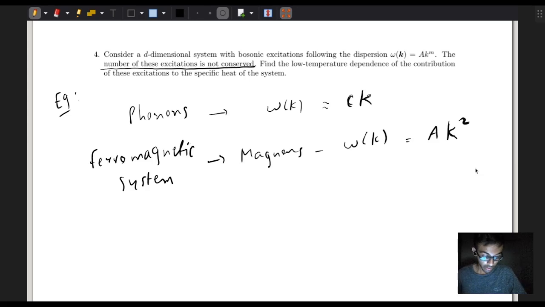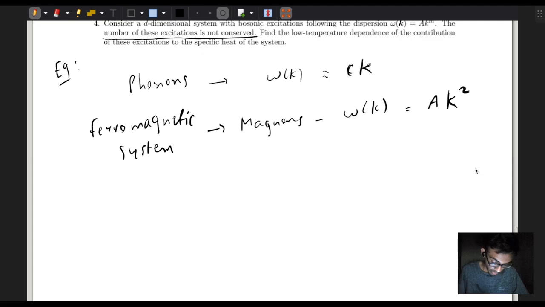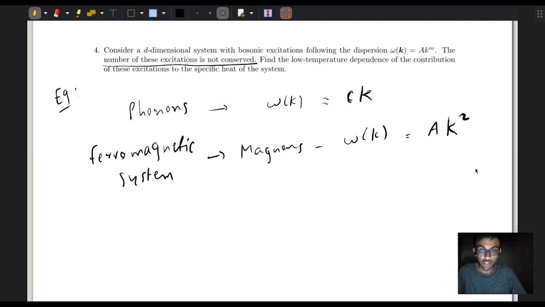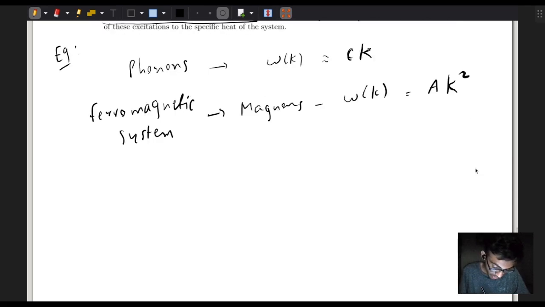With this detail being mentioned, let's try to solve for the total energy. First of all, we start with the density of states.